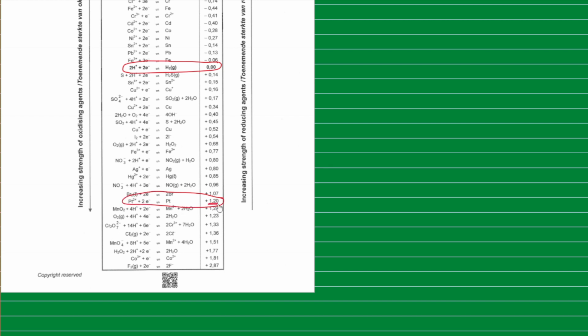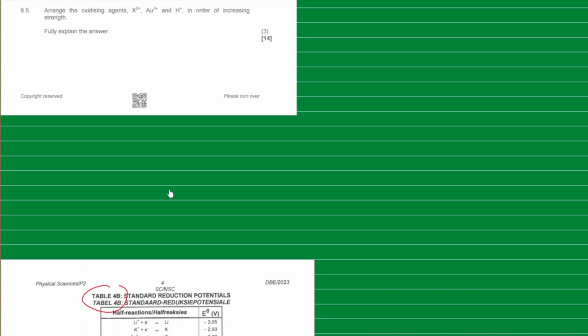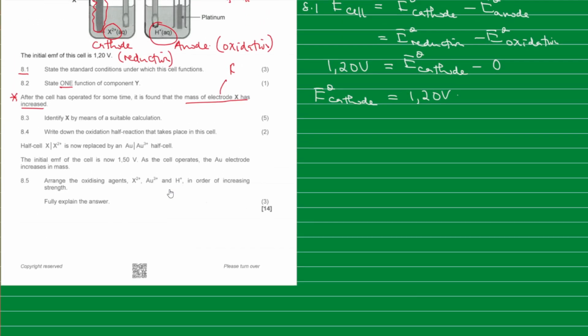So this is the 1,20, which means that this cathode is the one that is being referred to. So our cathode is a platinum cathode, which means our metal is going to be platinum. So coming back to this, we can say therefore X is platinum, Pt. That's how we can calculate that.